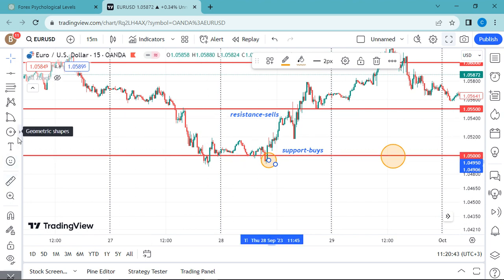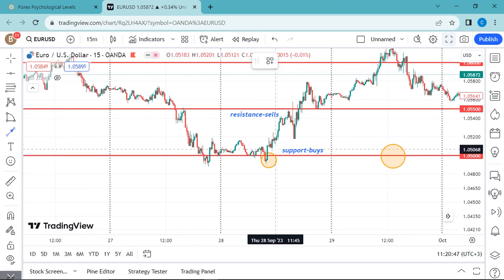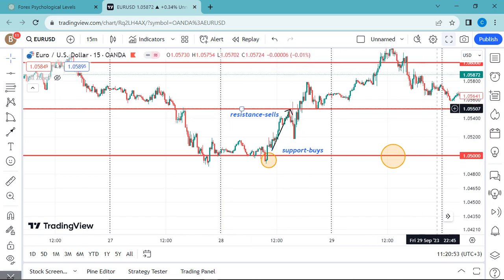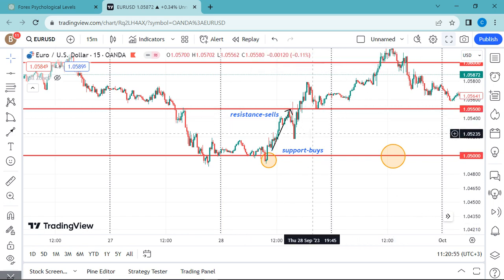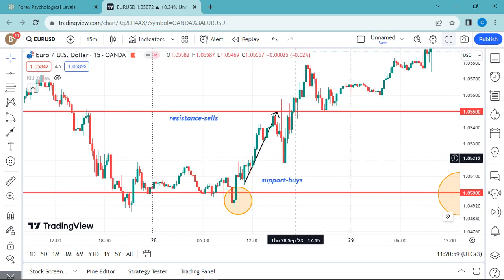Let's see. You can see what happened. Because it acted as support, price pushed to the next psychological level, which is 1.0550, right? So look here what transpired.